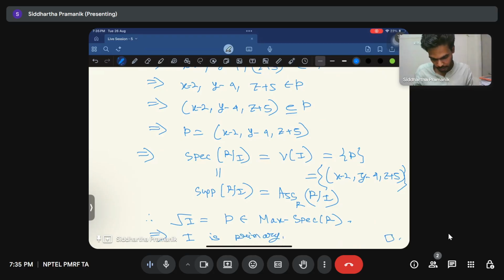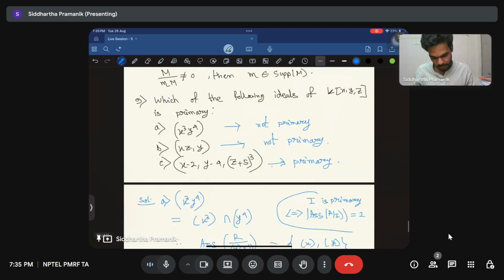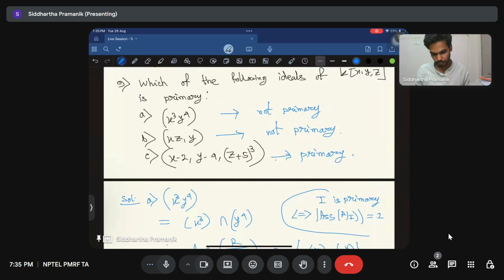So this checks which of these three ideals are primary and which are not. Similar types of problems you will find in the assignment sheet also. So try to do those problems.